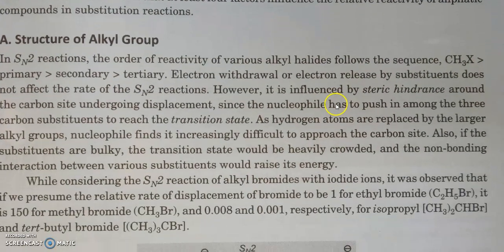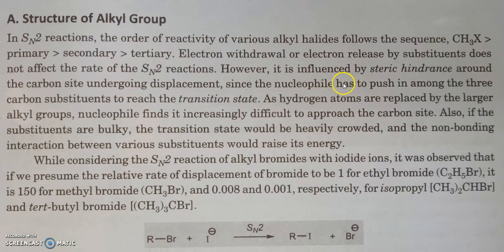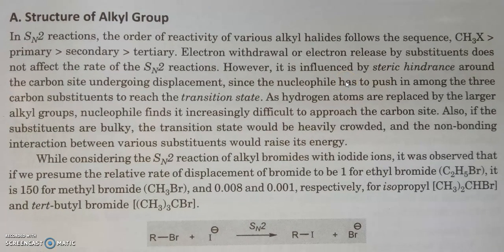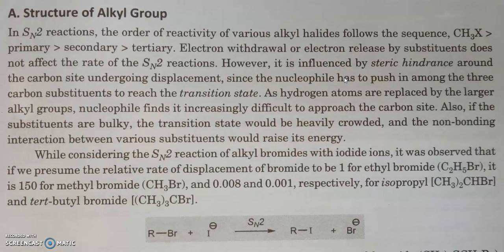You also know that electron withdrawing or electron releasing by substituents does not affect the rate of SN2 reactions. However, it is influenced by steric hindrance around the carbon site undergoing displacement, since the nucleophile has to push in among the three carbon substituents to reach the transition state, which is the characteristic property of SN2.